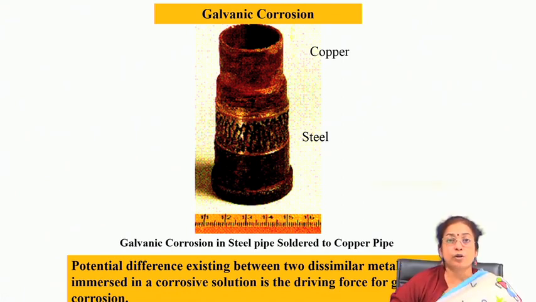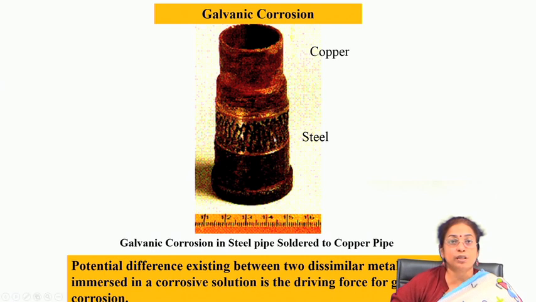This is the case for copper and steel which is soldered. You will see that there is extensive corrosion at the steel part of the pipeline combination as compared to that of copper. This is because steel is more prone to corrosion, or active, as compared to copper.